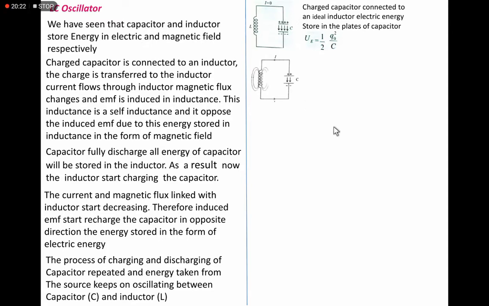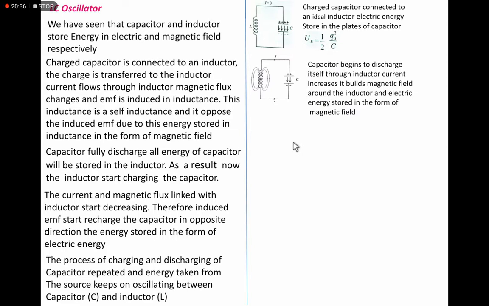Now the next diagram is the charging of the inductance, and the current is in the clockwise direction across the inductance. The magnetic field goes on increasing, and the electrostatic energy is stored in the form of magnetic field energy.